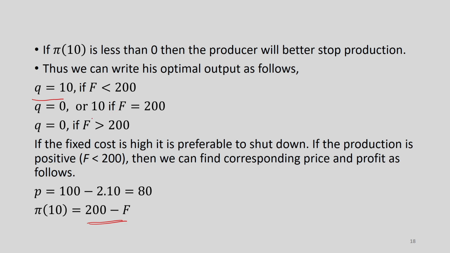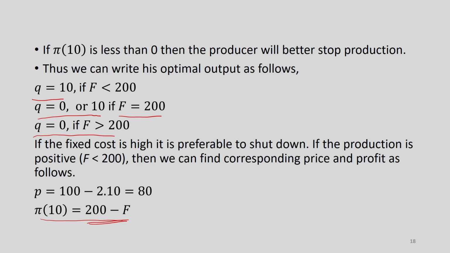On the other hand, if f is exactly equal to 200, then the producer will get 0 profit whether he produces 10 or he produces 0. So, both are optimal in this case. And finally, if the fixed cost is more than 200, then the maximized profit is actually negative. In that case, it is best not to produce. So, q is equal to 0.